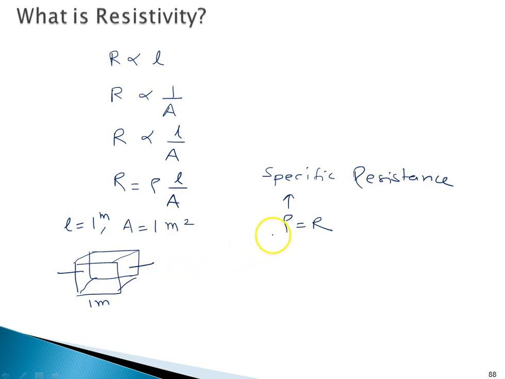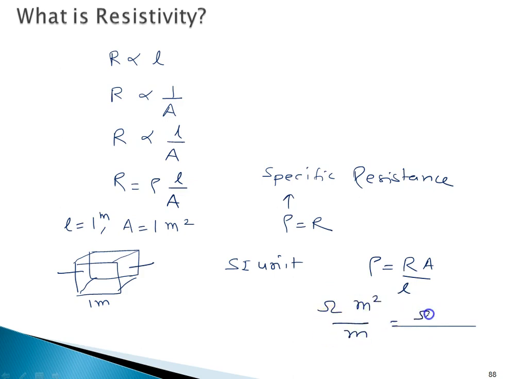So you can say specific resistance is the resistance of a cubic conductor whose side is 1 meter. Now if I ask you what is the SI unit of resistivity, you will say rho equals RA upon L. R we know is ohm, area meter squared upon meter, so you will say ohm meter.